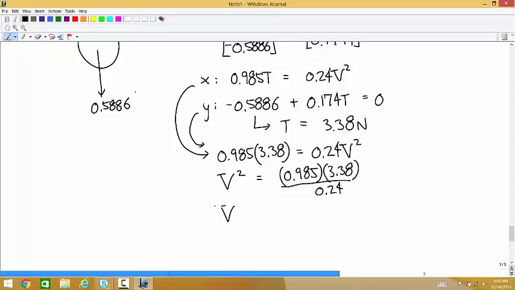Okay, so v is equal to 3.37? 3.71? 3.71 meters per second. And is that bigger than the velocity before? Yep. So that all makes sense.